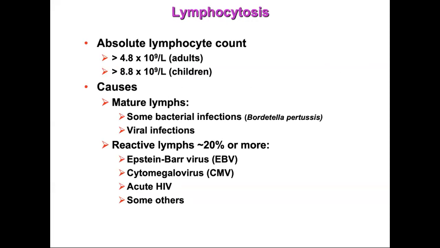The presence of reactive lymphocytes gears you towards thinking that there's some sort of viral infection happening, right? So there are viruses like the EBV virus, Epstein-Barr virus, cytomegalovirus. There's HIV and other viruses that lead to an increase of reactive lymphocytes.